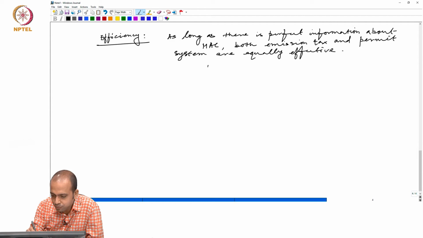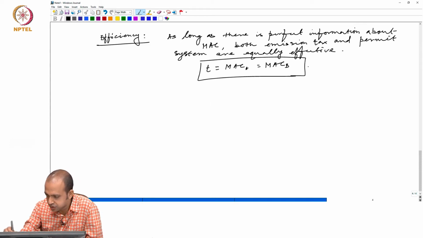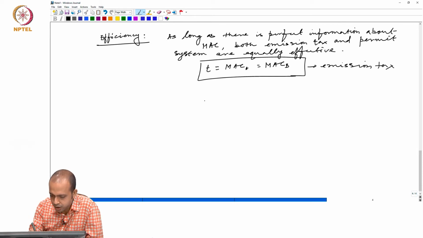And at the optimum, the condition is T equals marginal abatement cost. Let us say there are two firms, A and B, with marginal cost of abatement MAC A and MAC B. This is the optimality condition, in case of emission tax, and in case of permit system, this is the permit price.